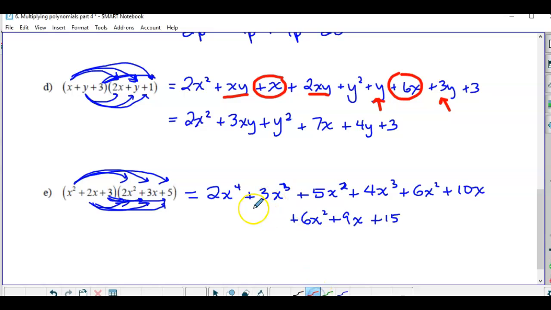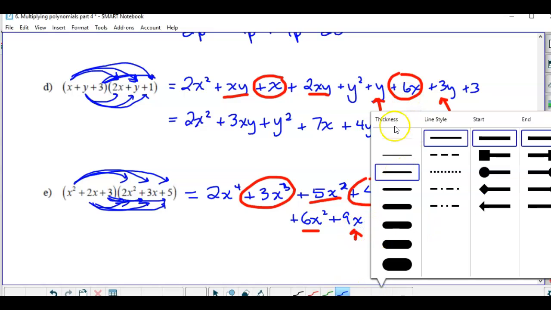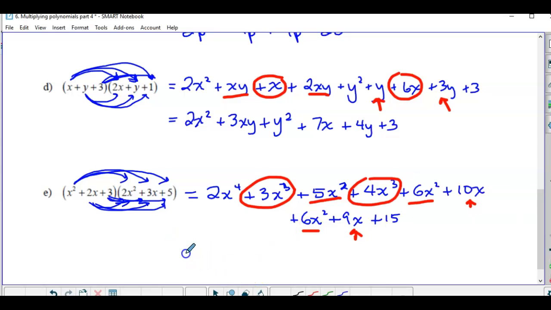Okay, so we've got an x cubed and an x cubed. We've got an x squared, x squared, x squared, and we've got an x term and an x term. So 2x to the 4th goes first, highest degree term.